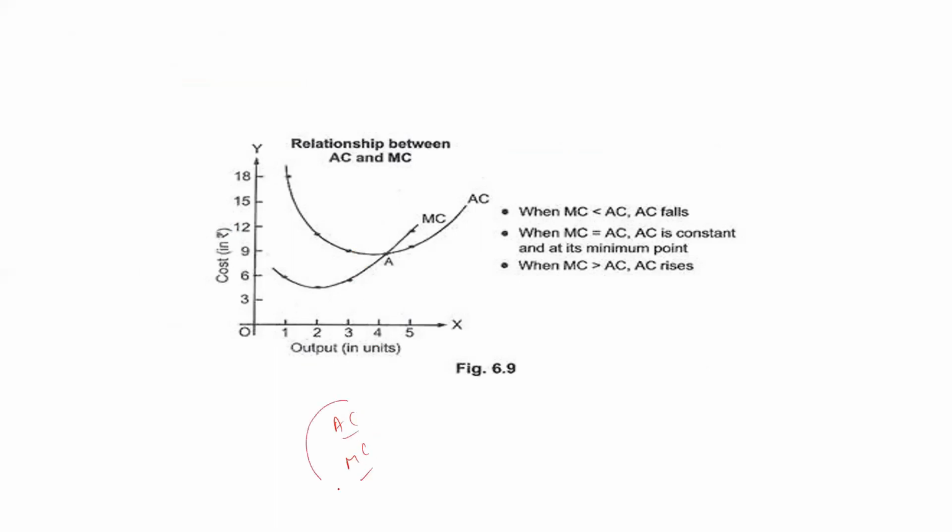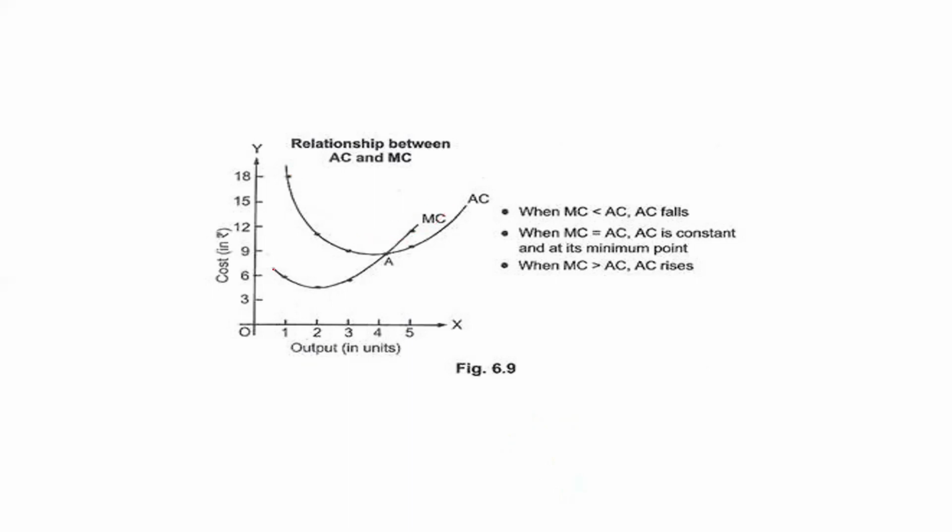You would be able to understand this only if you have gone through the production function relationship between TP, AP and MP. Because if you have understood these three relationships, then this shall become somewhat easy for you to understand. So AC is here, okay. This is the average cost curve. This is U-shaped.